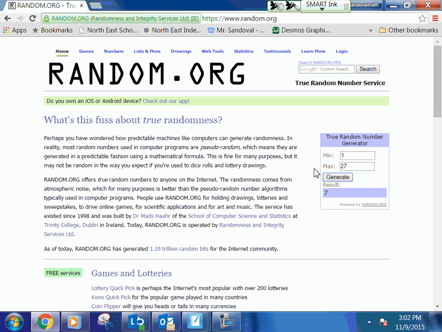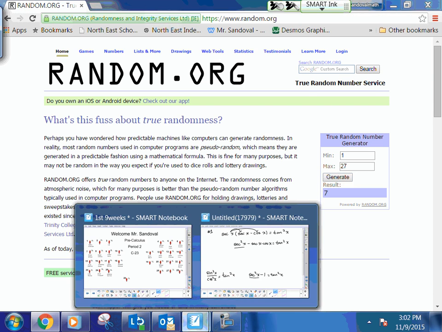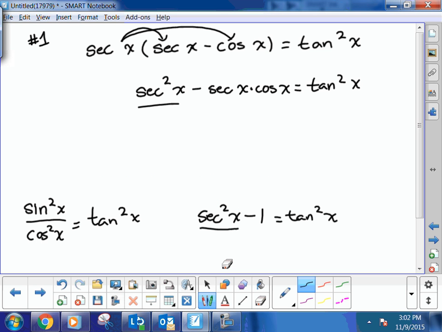All right, 7. That's Mark. Hey, number 7. Hey Mark, were you able to come up with the actual identity, or the way to prove to me that this equation on the left equals tangent squared x? Okay.